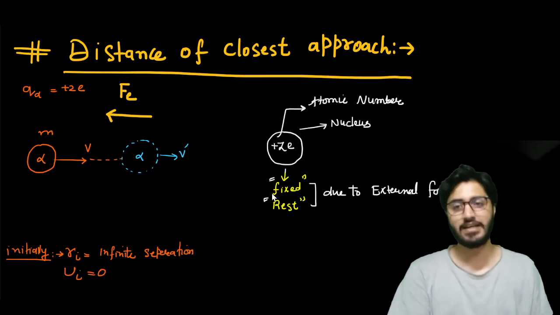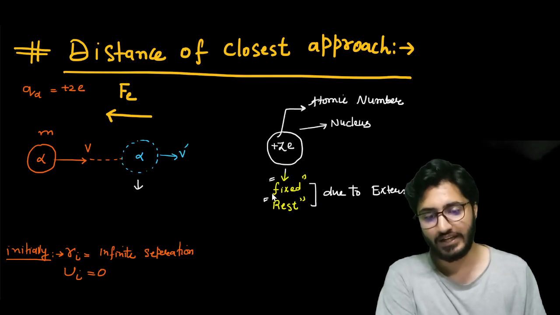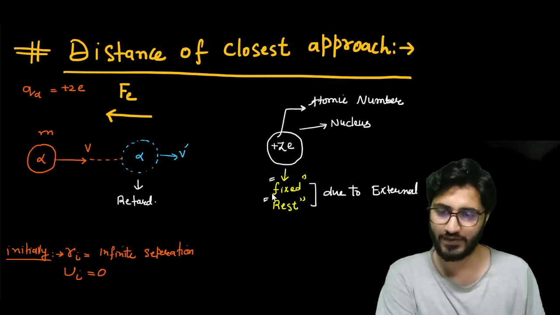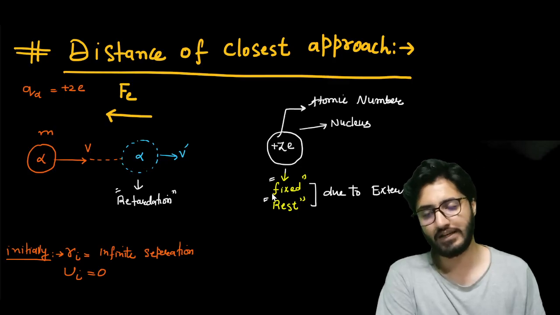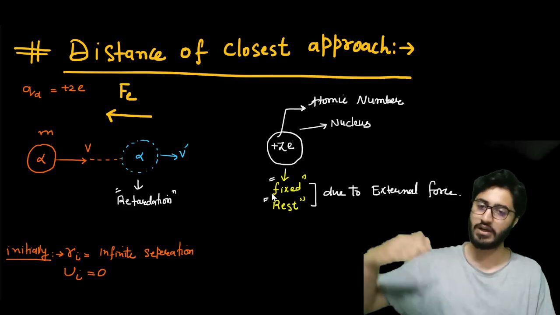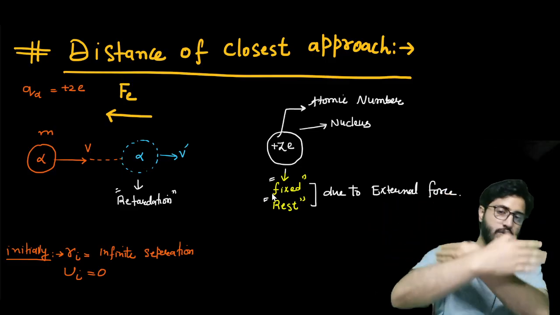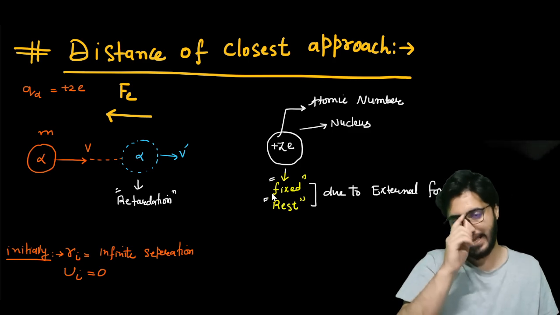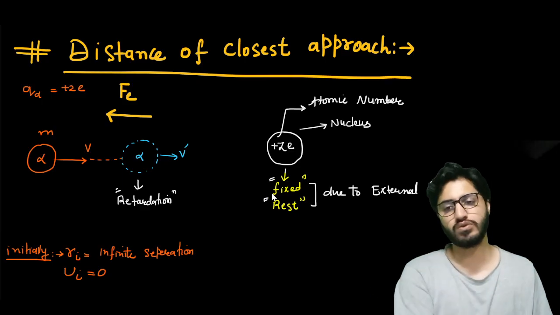If force is opposite to velocity, it is a retardation process, meaning slowing down. It is going with velocity v dash and the force acts opposite to it, so it will retard.